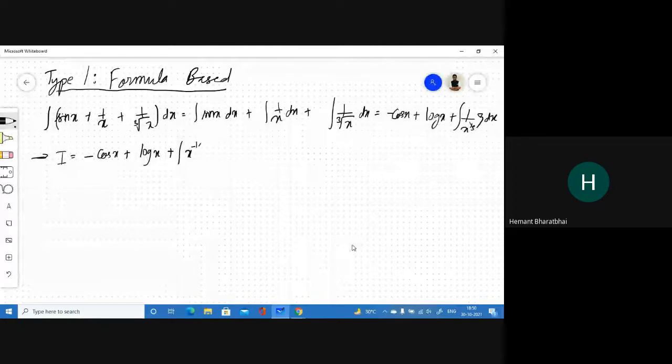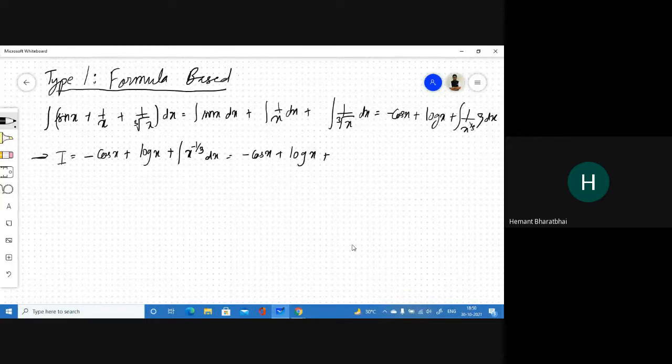Integration of x raised to n is x raised to n plus 1 upon n plus 1 plus c. So this will become minus cos x plus log of x plus x raised to (minus 1 by 3 plus 1), that will become 2 by 3, so that will become x raised to 2 by 3 upon 2 by 3, plus c.